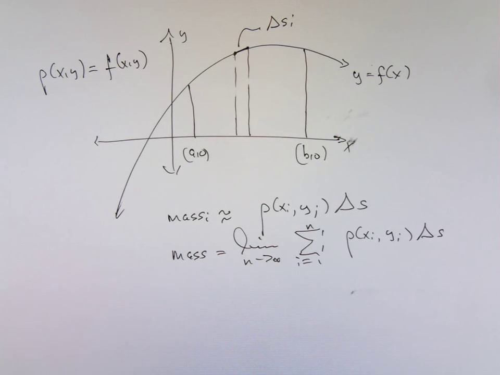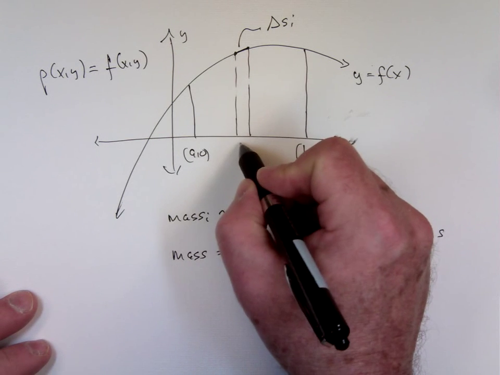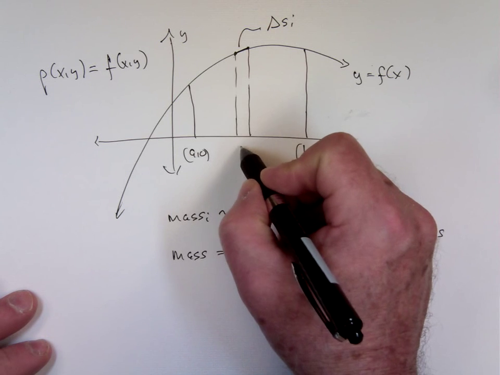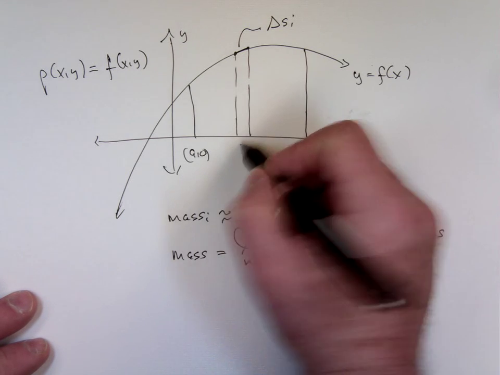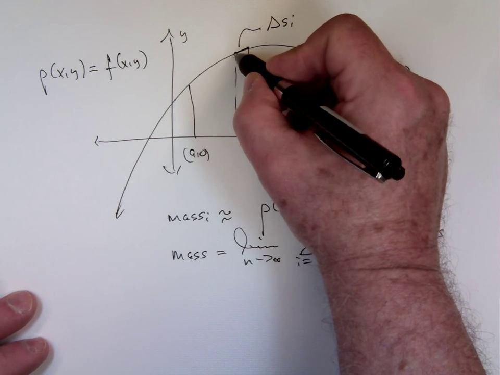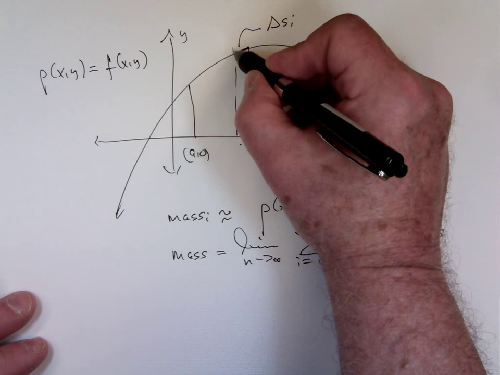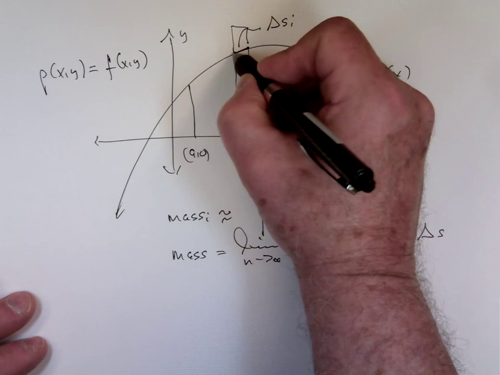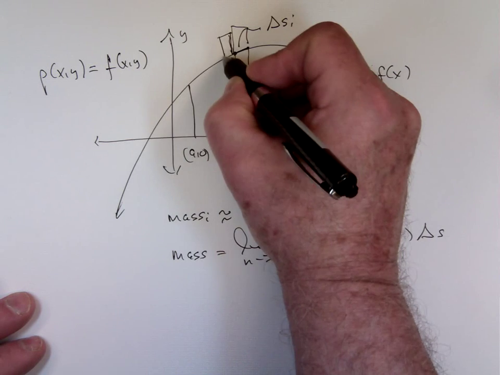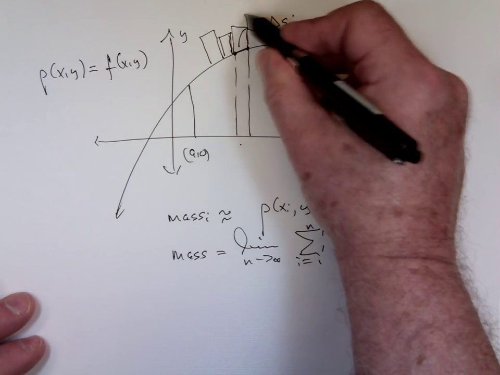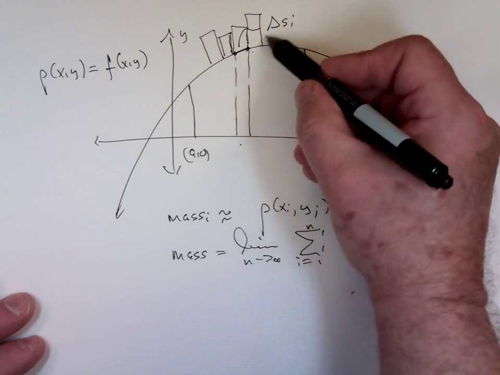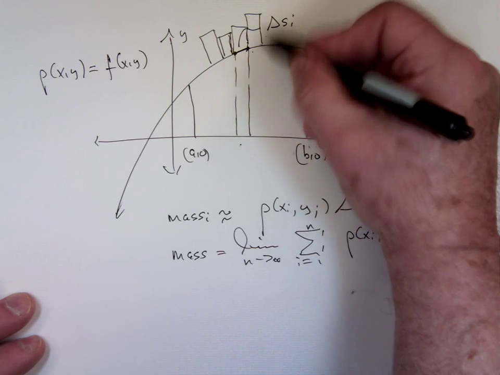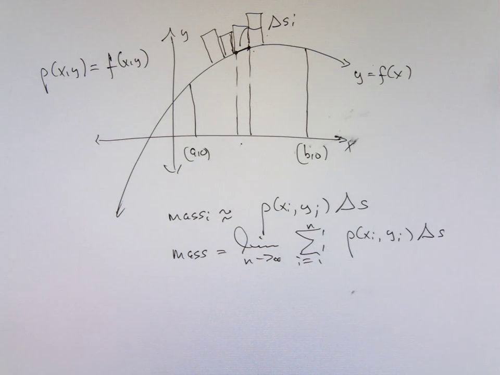Instead of making rectangles to the x-axis like we did in Calc 2 to find areas, where we got a Riemann sum in terms of x, what we're doing here is finding a sum in terms of delta S. It's like we took our rectangles up here on the wire itself and summed up these areas, taking this piece of arc length times the density function, and summing up all of those along the wire instead of along the x-axis.